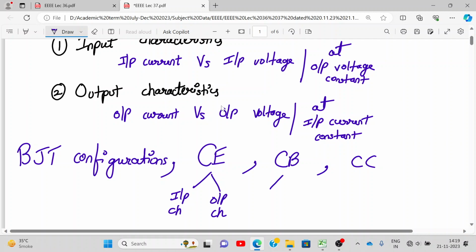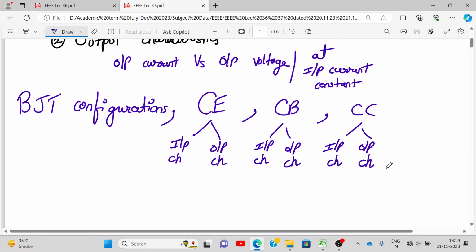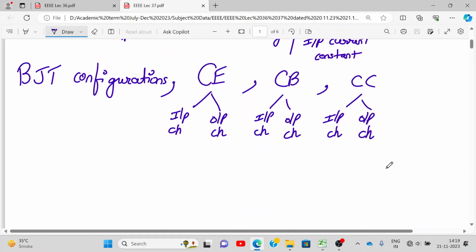So how many characteristics do we have in total? 6. For common emitter, common base, common collector, we have to draw input and output characteristics. Right now, you draw just characteristics. In some time, I'll explain how we got those characteristics.